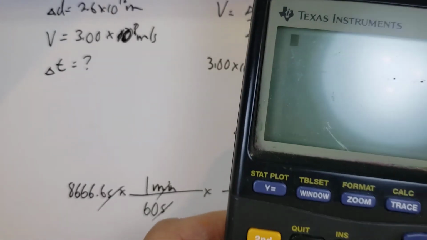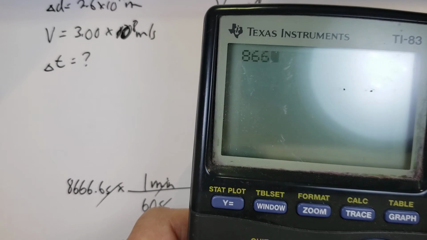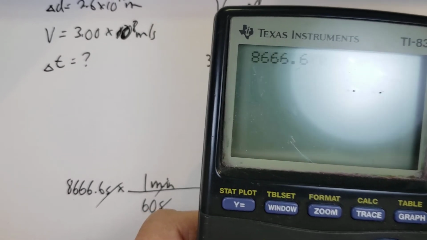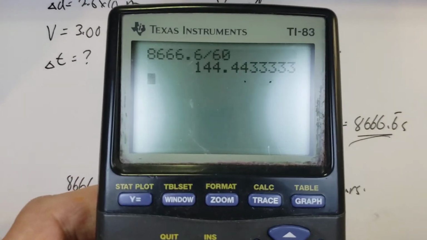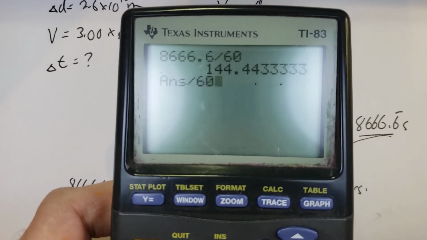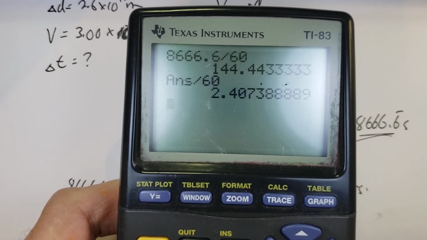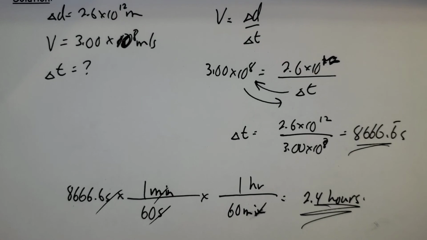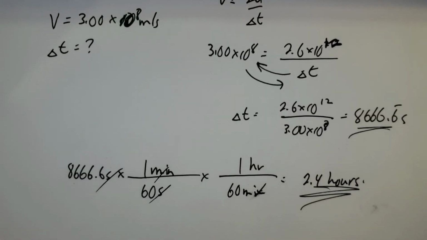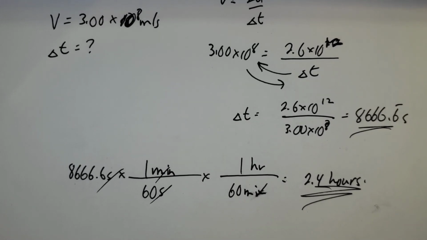So if you look at your calculator, 8,666.6 divided by 60 once, then divided by 60 again. Yeah, so 2.4 hours. And we'll stop there because that makes sense. We know how long 2.4 hours is. So isn't that interesting? Send a signal from Earth and it gets to Uranus in 2.4 hours. That's amazing. It takes that long for light to reach there.